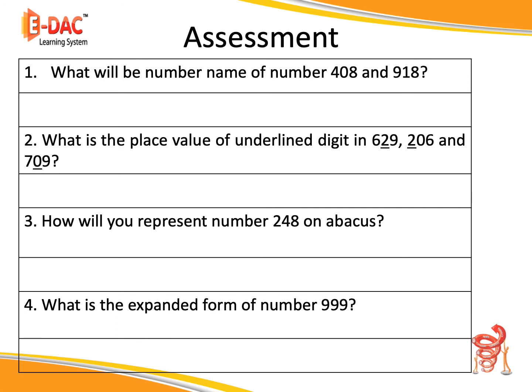Second, what is the place value of underlined digit in 629 with 2 underlined, 206 with 2 underlined, and 709 with 0 underlined? Third, how will you represent number 248 on abacus? Fourth, what is the expanded form of the number 999?